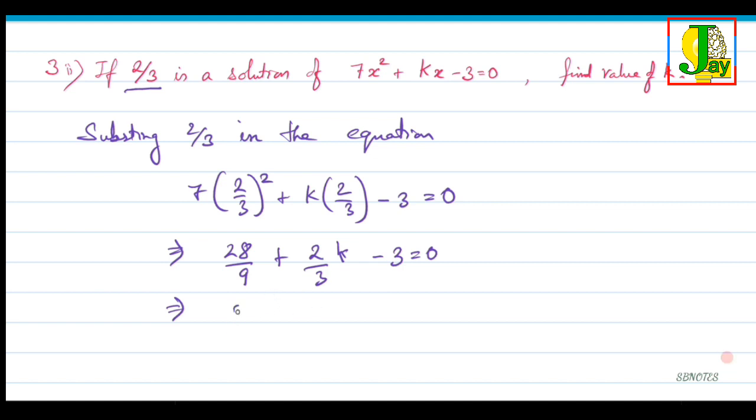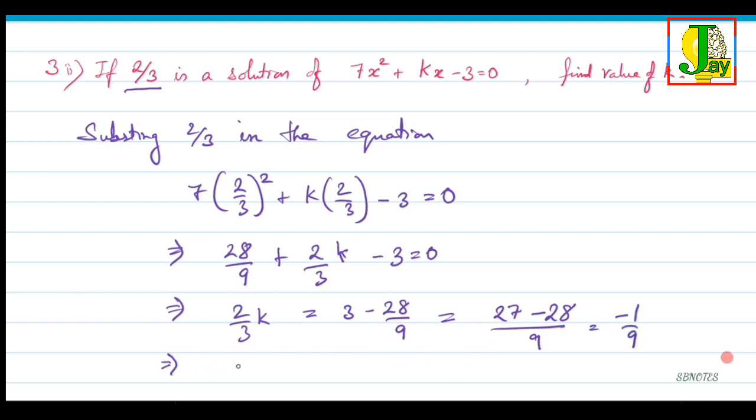So (2/3)k equals, if we take everything on that side, 3 minus 28/9. The LCM is 9, so 27 minus 28 by 9, that's minus 1/9.